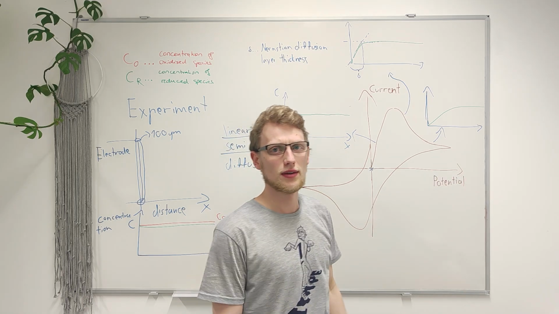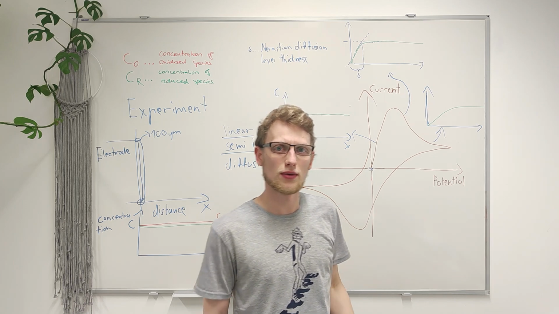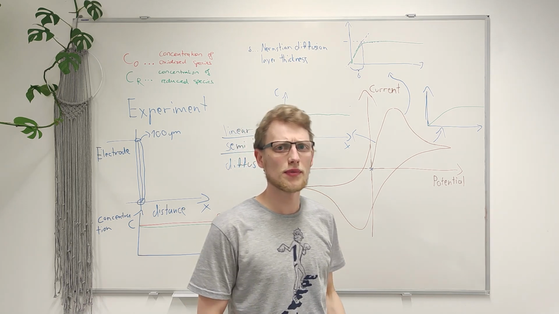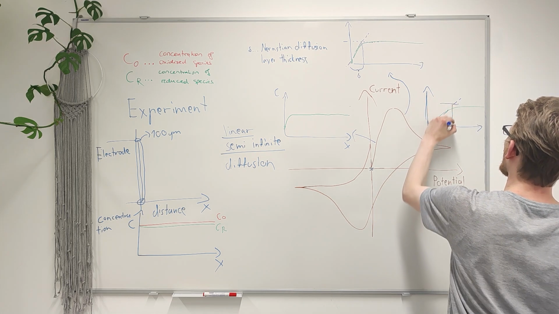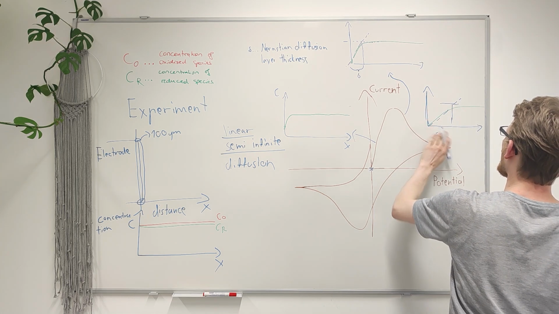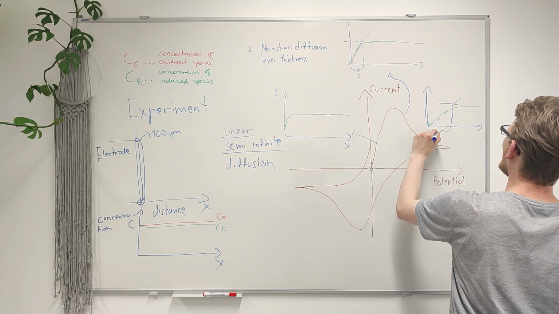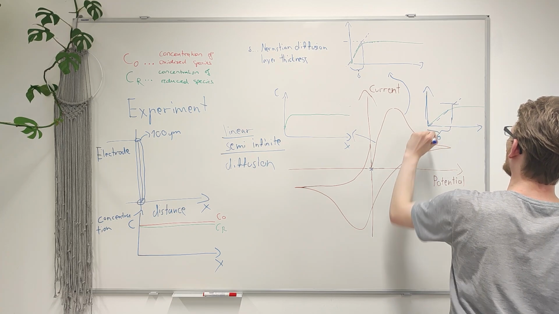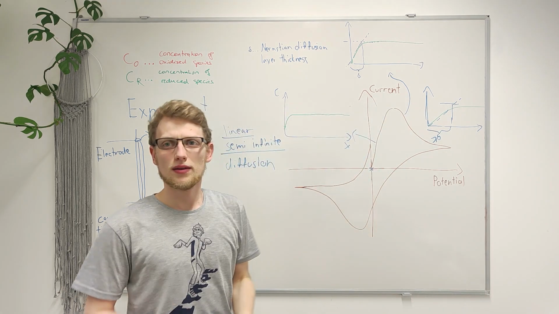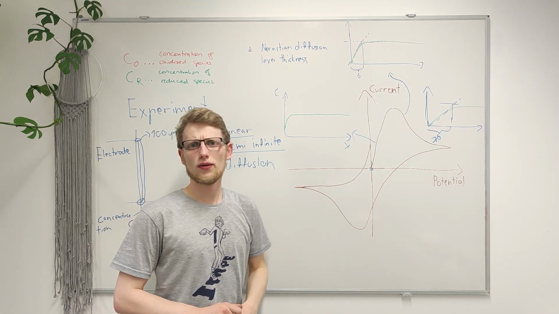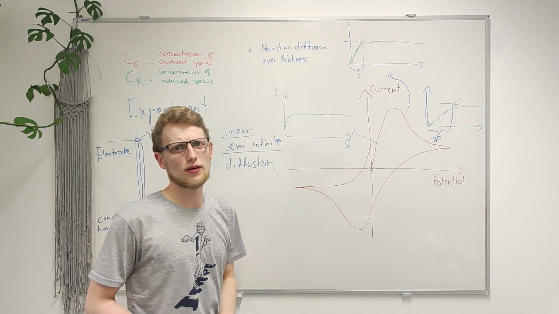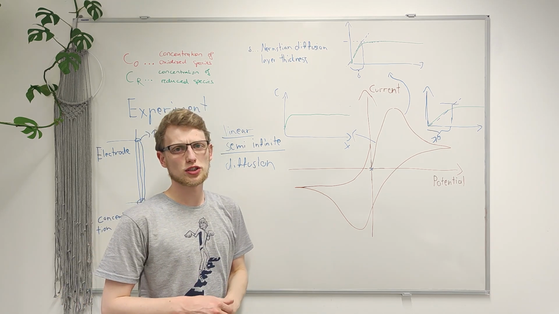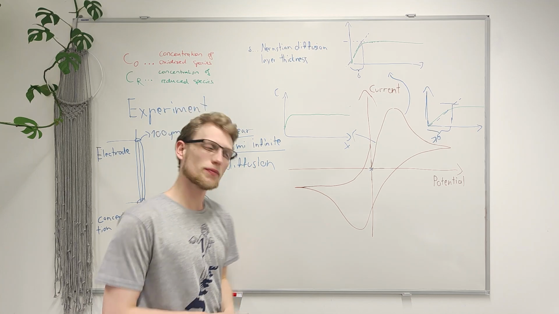Now, in this case, also the diffusion layer is rising, is getting bigger accordingly. So, now we have seen how the reduced species behaves if you apply an oxidizing potential, or just a higher potential.